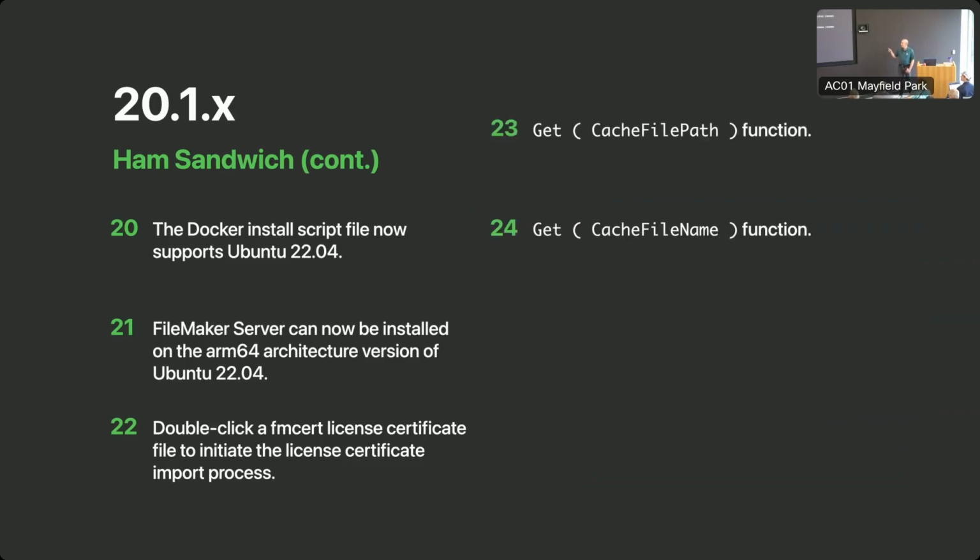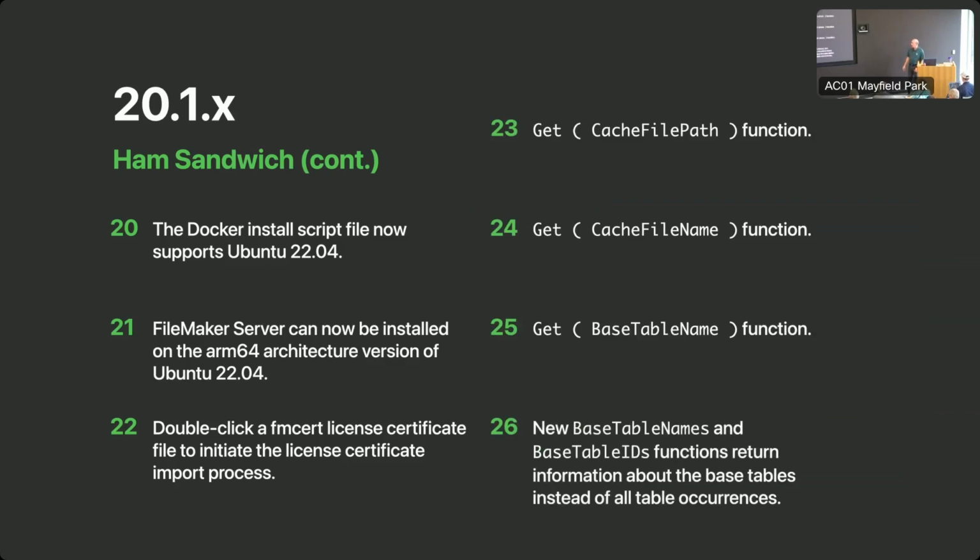And then there's two functions related to the cache file that FileMaker uses. We're now able to get the cache file path as well as the cache file name through these functions. That's on FileMaker Pro. And then there's also a new function as well as two updated functions on FileMaker Pro related to the base tables that are there in the background.